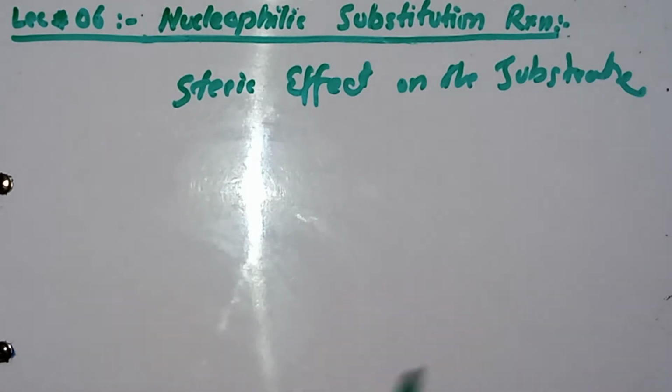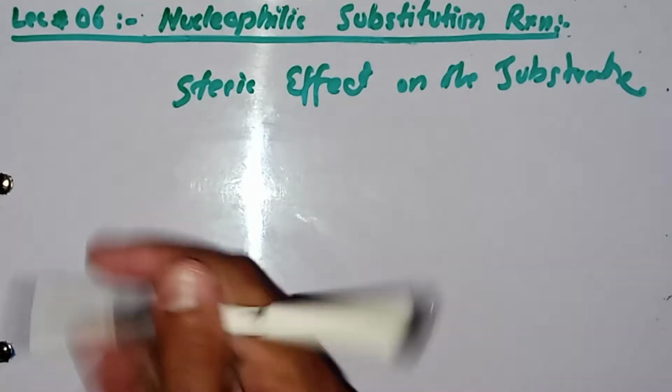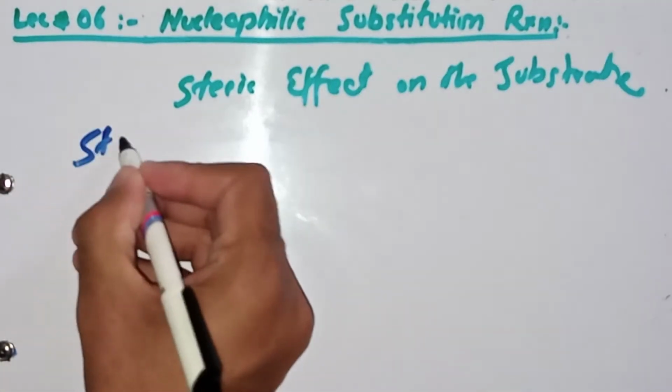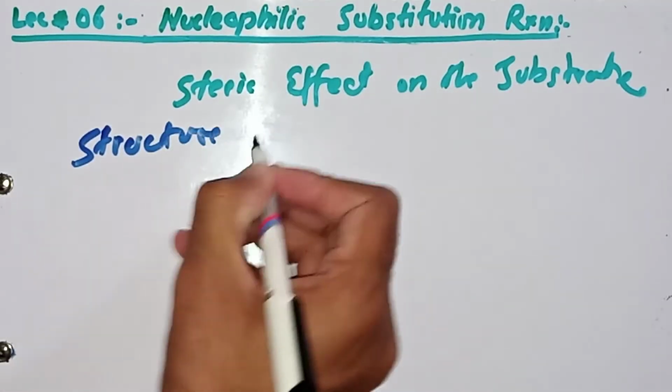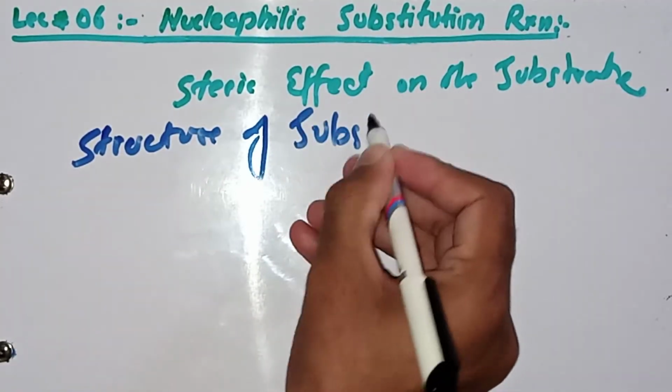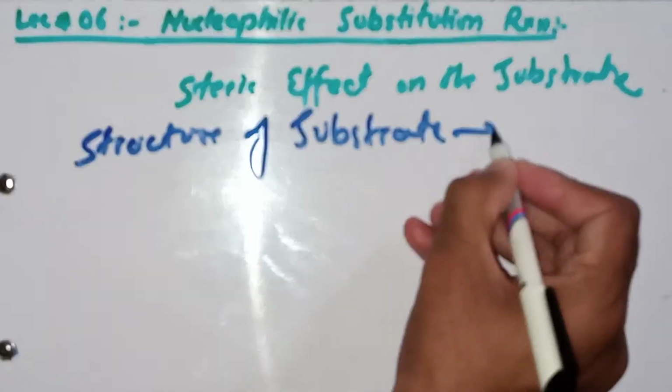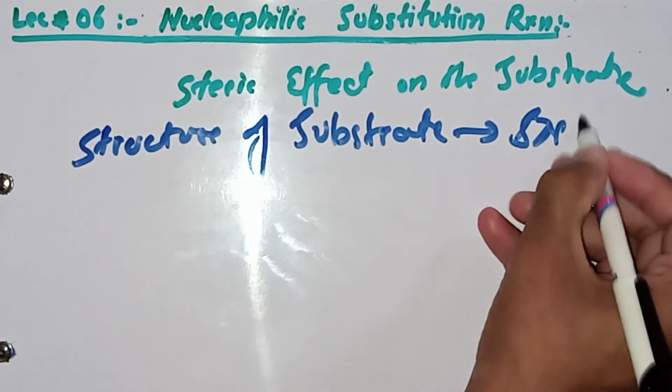Different alkyl halides undergo the SN2 reaction. We know that the structure of the substrate is the most important factor in the reactivity toward SN2 displacement. The structure of the substrate is very important in the SN2 reaction.